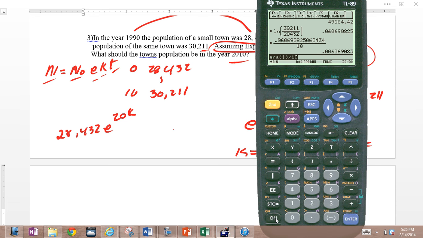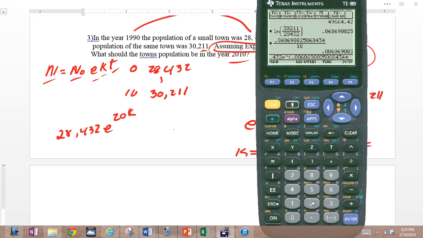Let's do it. So here we go. It's going to be 28,432 times e to that constant. Just go up and grab it, times 20.